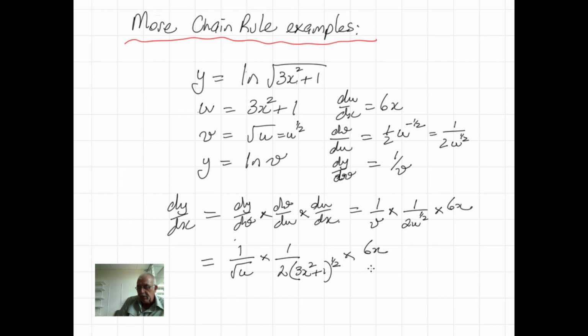We still haven't got everything in terms of x's, so we've got to go 1 over u is equal to 1 over the square root of 3x squared plus 1 times 1 over 2 times the square root. Now that to the power of a half can be square root.